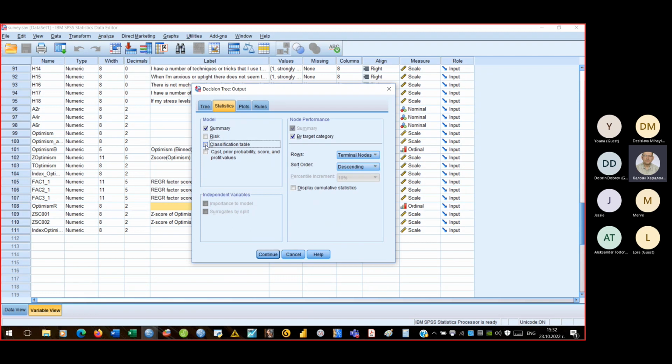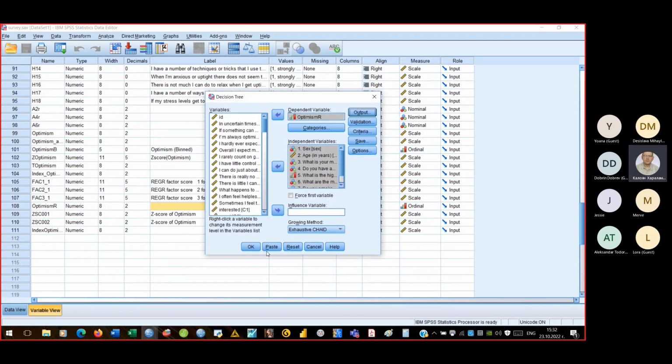They are very, very important in this situation, but when we use classification tree for relation analysis, these 2 options are irrelevant, and I will uncheck them.